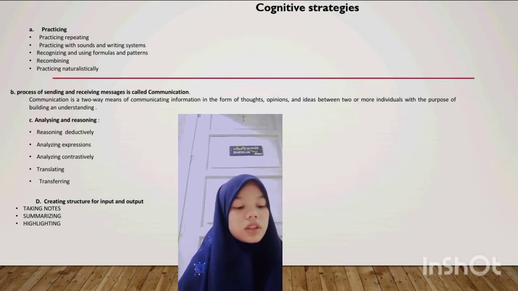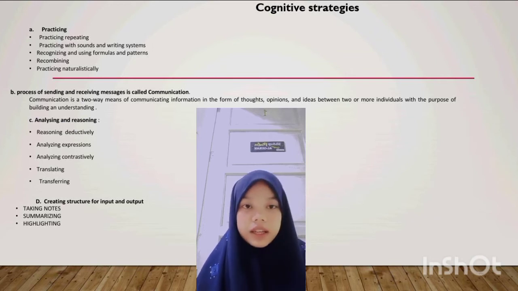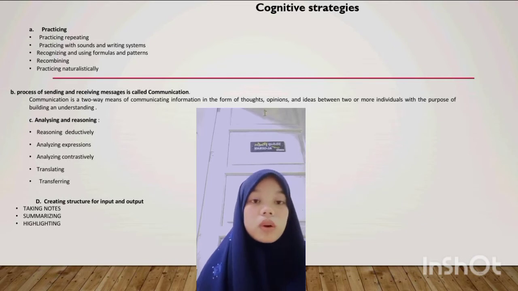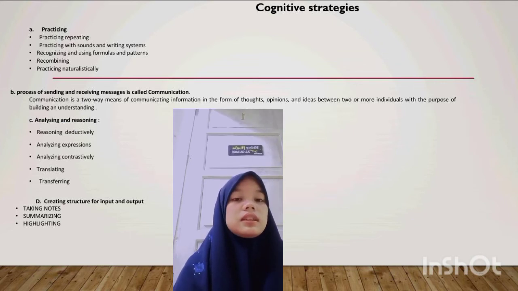B. Process of sending and receiving message is called communication. Communication is a two-way means of communicating information in the form of thoughts, opinions, and ideas between two or more individuals with the purpose of building understanding.